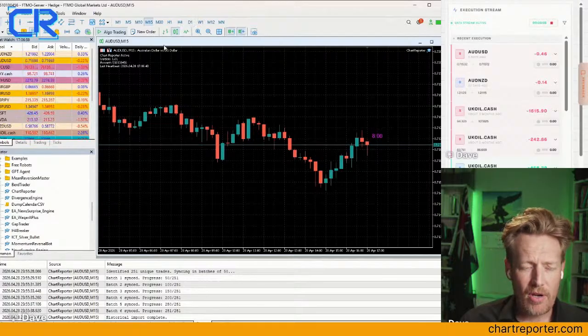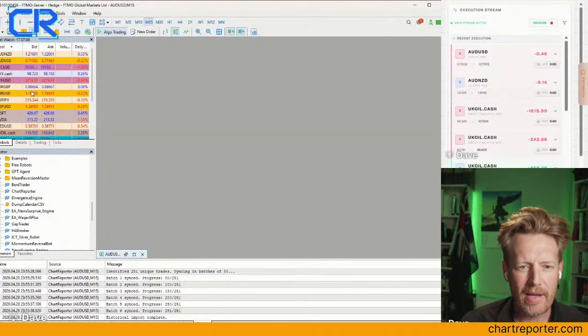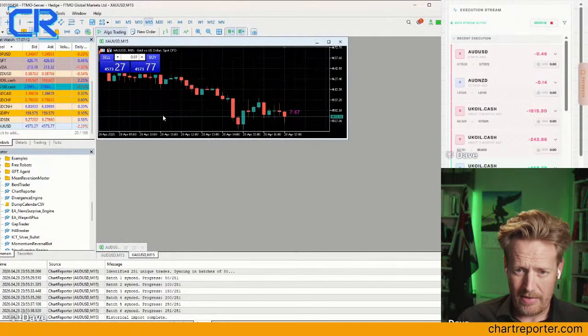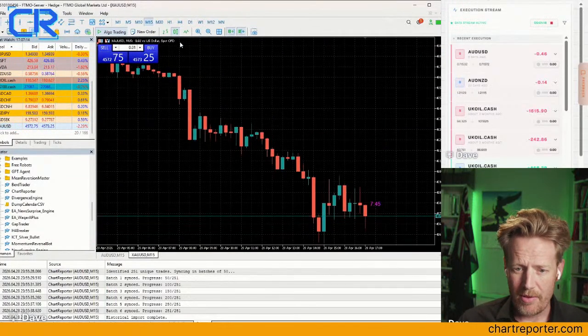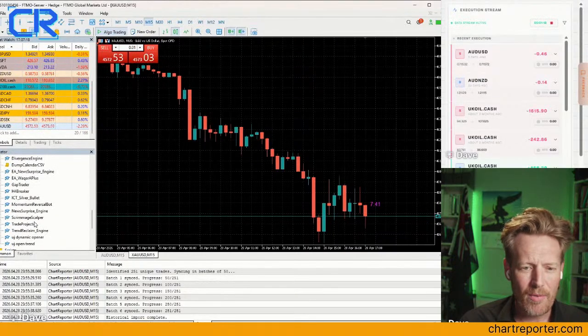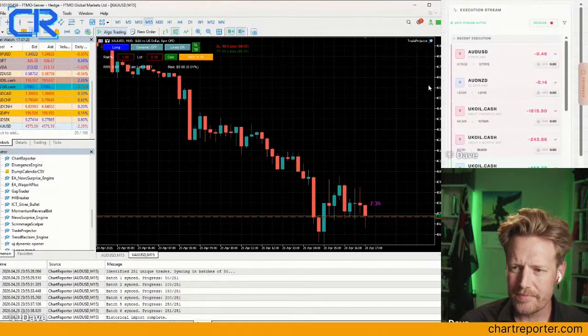Now, one of the beauties of this Chart Reporter platform is you can put the EA on any chart. You don't have to trade on that chart. You can minimize that away. And if I want to take my hand at trading on some gold, bring up the gold chart, and we can even put another EA on it if I want. Another EA I've built just to help me with my risk management is what I call Trade Projector.